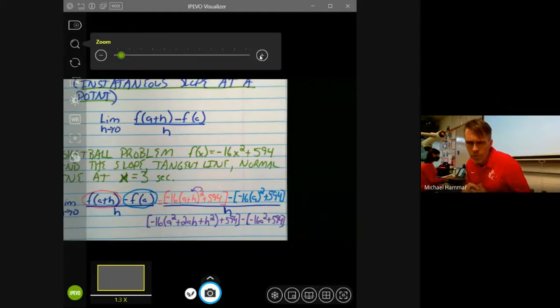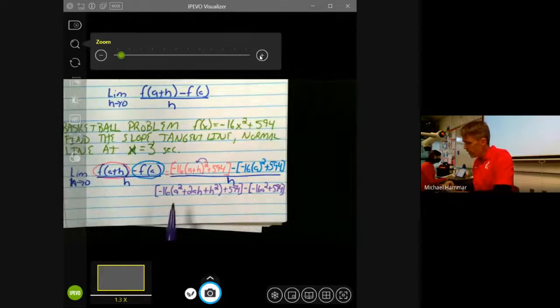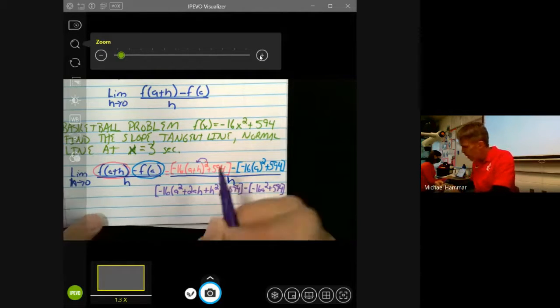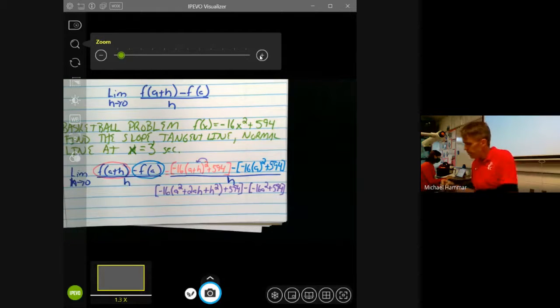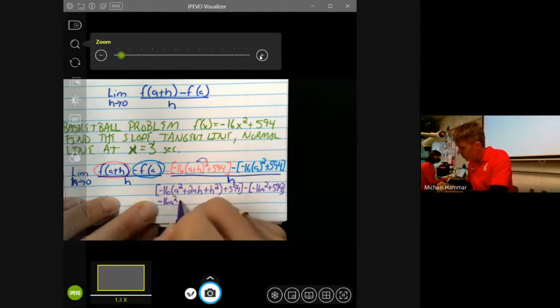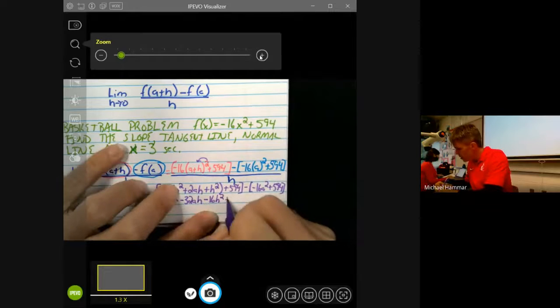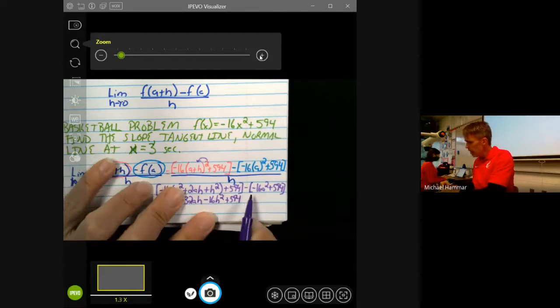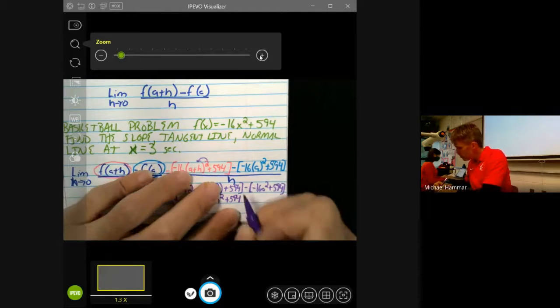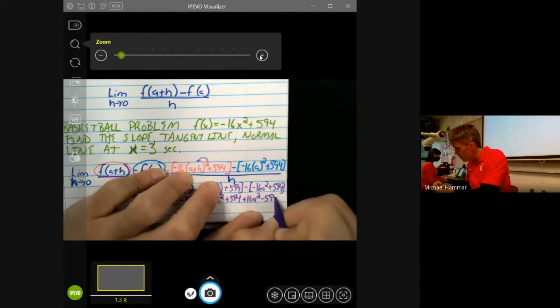Now, we need to go through and do some of our distribution and remove some of these things. I'm not going to put the h in on the bottom here until the very end. So let's distribute this. This now becomes negative 16a squared minus 32ah minus 16h squared plus 594. And then I need to also distribute this negative to all of the things that are in here. So this becomes plus 16a squared minus 594.